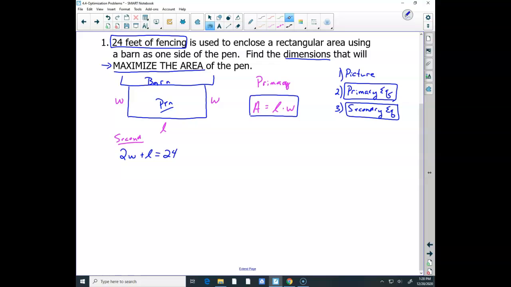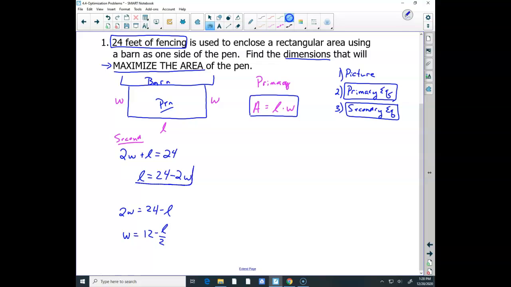Well, you have options, okay? I could say the length equals 24 minus 2 widths, or I could say 2 widths equals 24 minus the length, and the width is going to equal 12 minus L over 2, and we want to pick the path of least resistance.